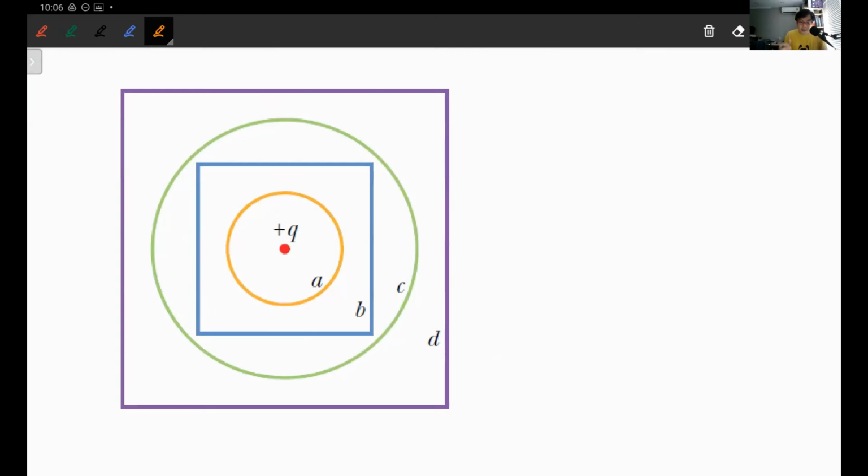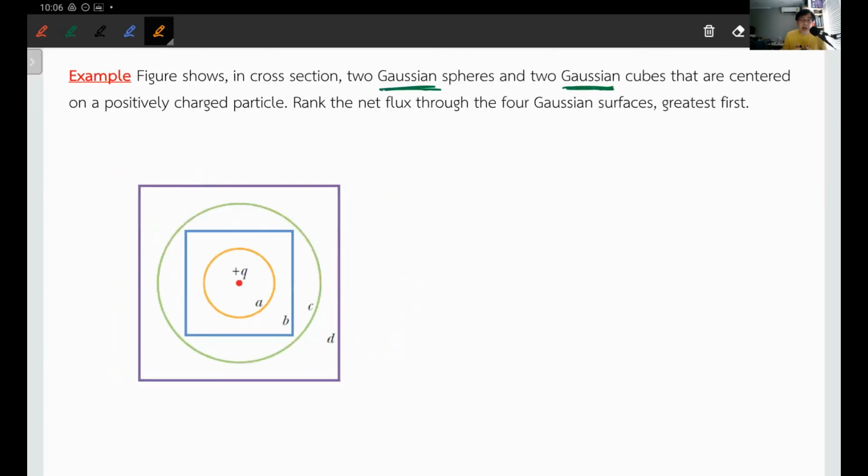Which one will give you the largest amount of flux through? You will answer that all are the same. And the flux through this one is also exactly Q over epsilon naught. You're done. Simple.